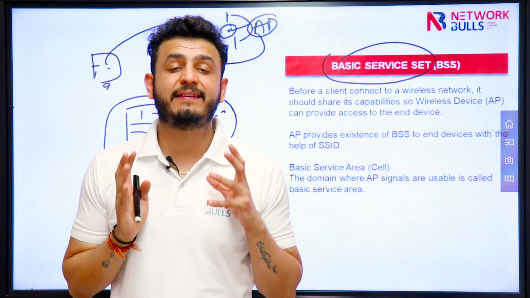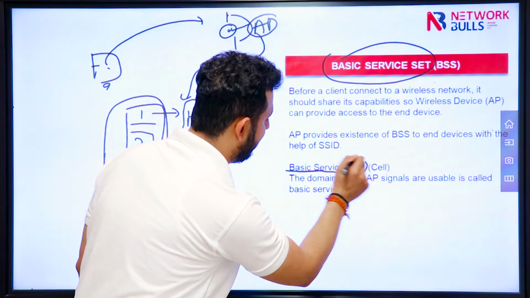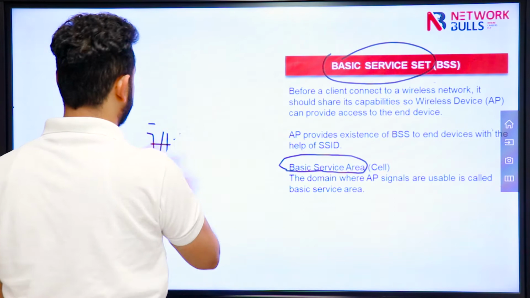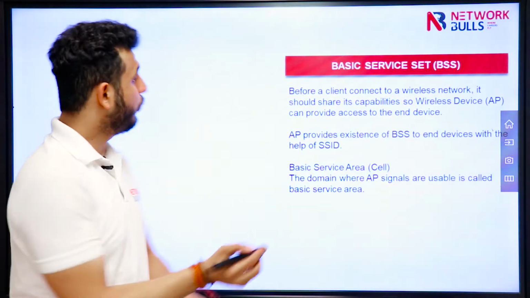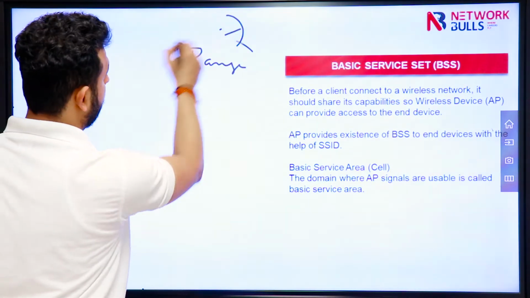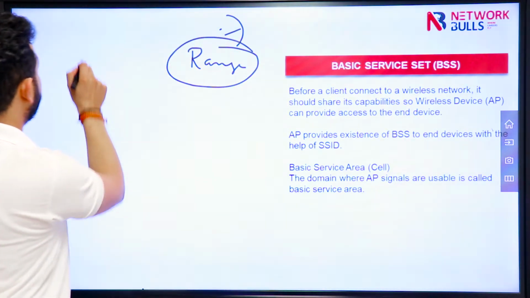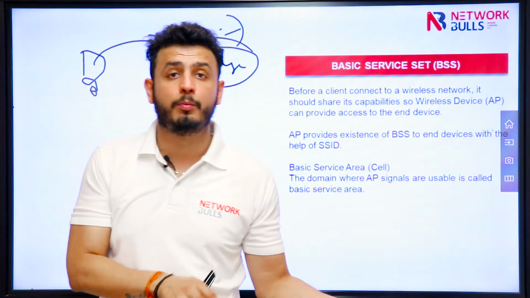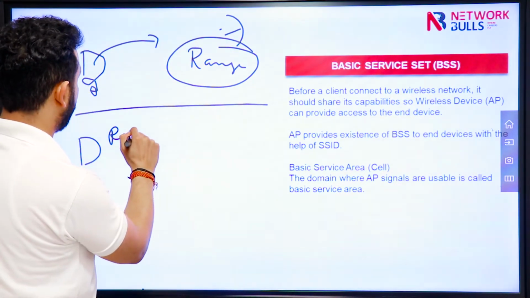Now second is basic service area, or basic service cell. So what does BSA say? It means when you have an AP, this AP will have a range up to which the signals of the AP are usable. Let's say this client is in the same room where we have the AP, the client is able to connect. But now the client is in a different room or on a different floor, so the range of the AP is not there.